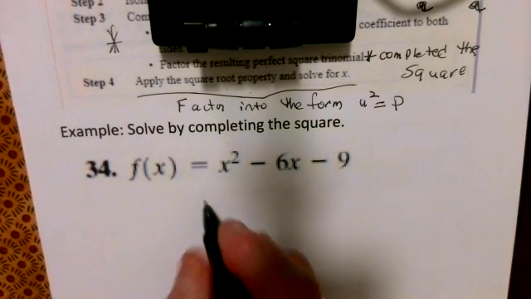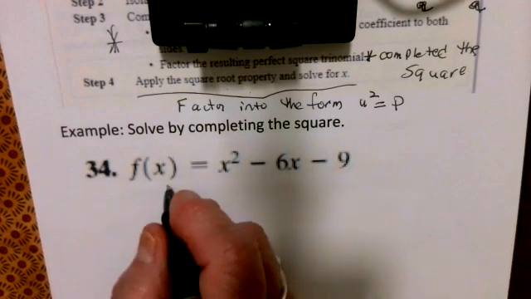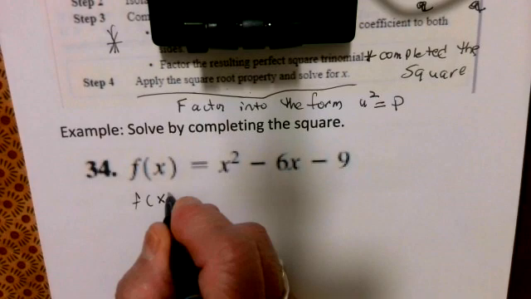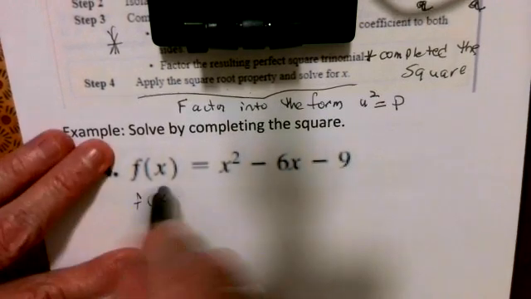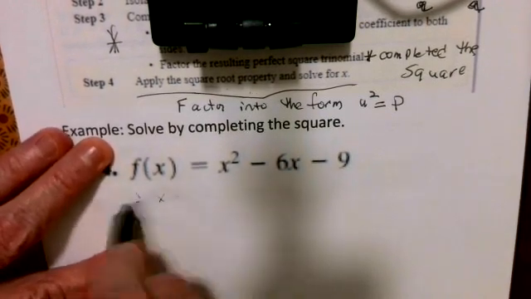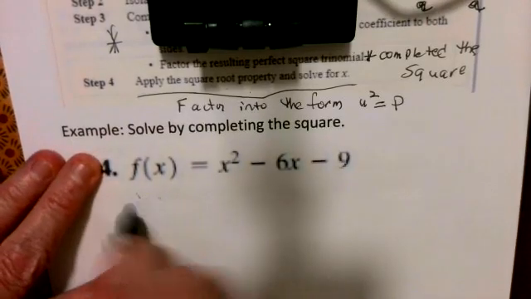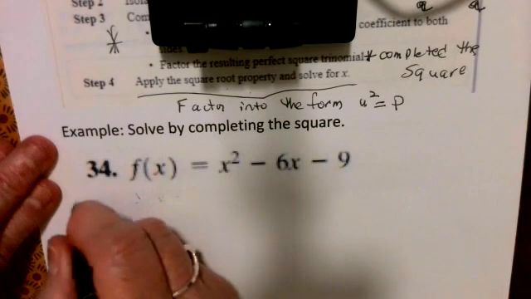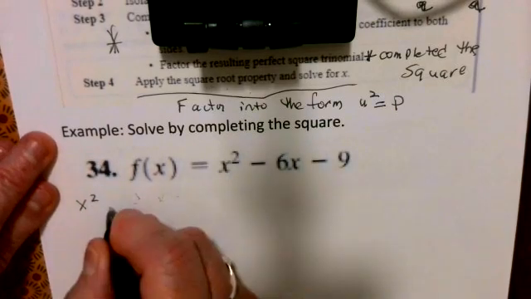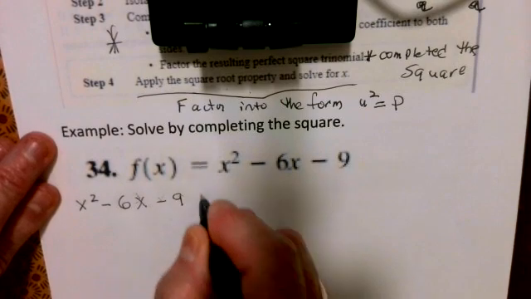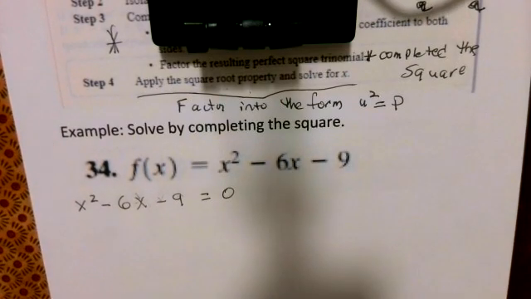Okay, so what I'm going to do is go ahead and make this a 0. I'm more used to writing it in this order, although it doesn't matter, and go ahead and set it equal to 0.